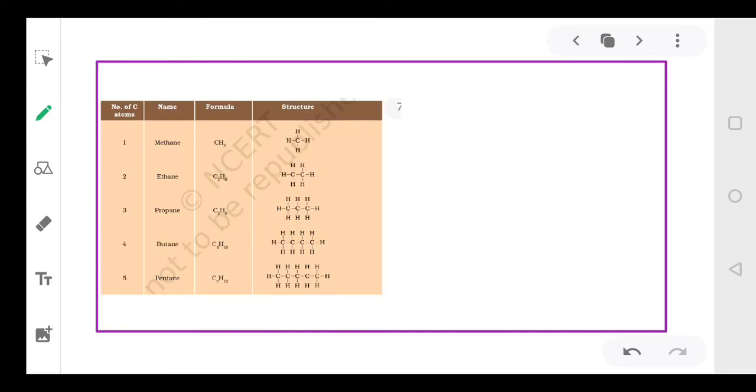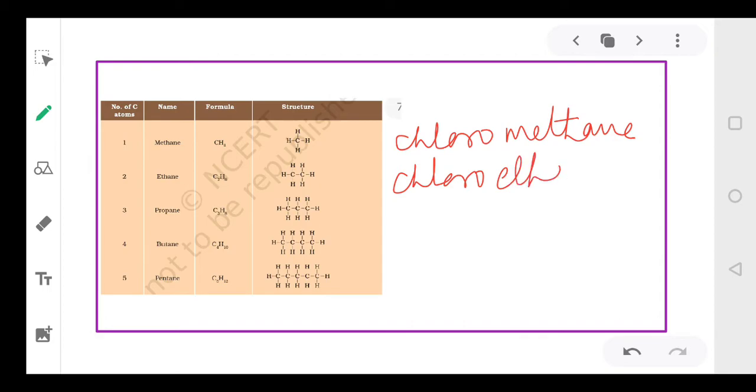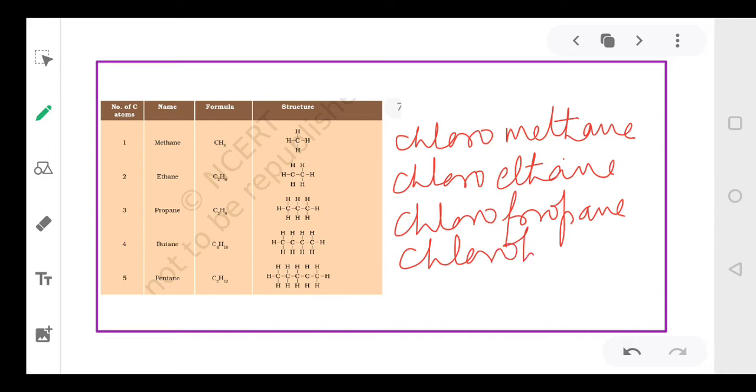Okay, so I'm writing it again. First we have chloromethane. Second we will have chloroethane. Third we will have chloropropane. Then we will have chlorobutane. And then we will have chloropentane.